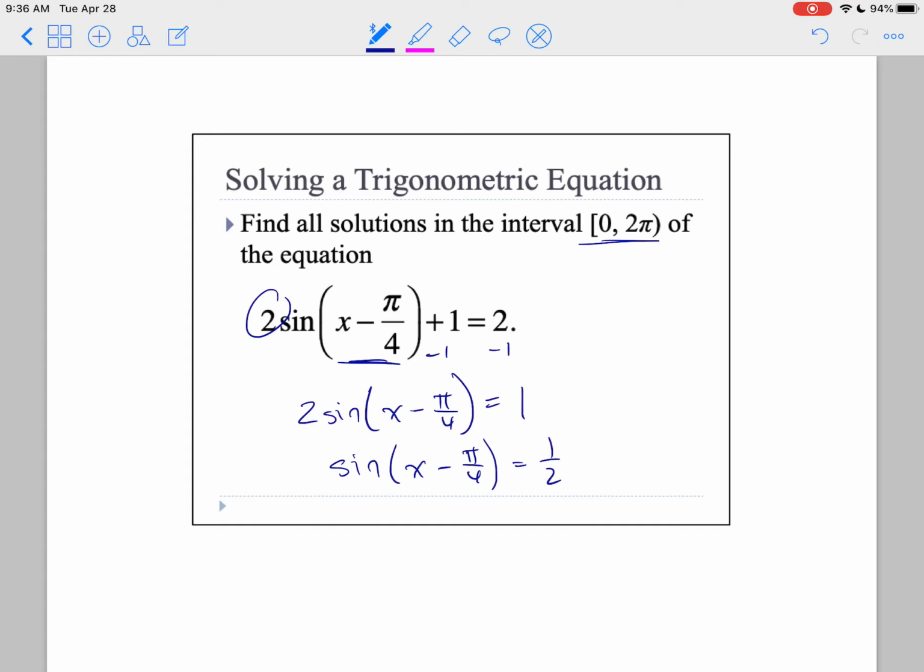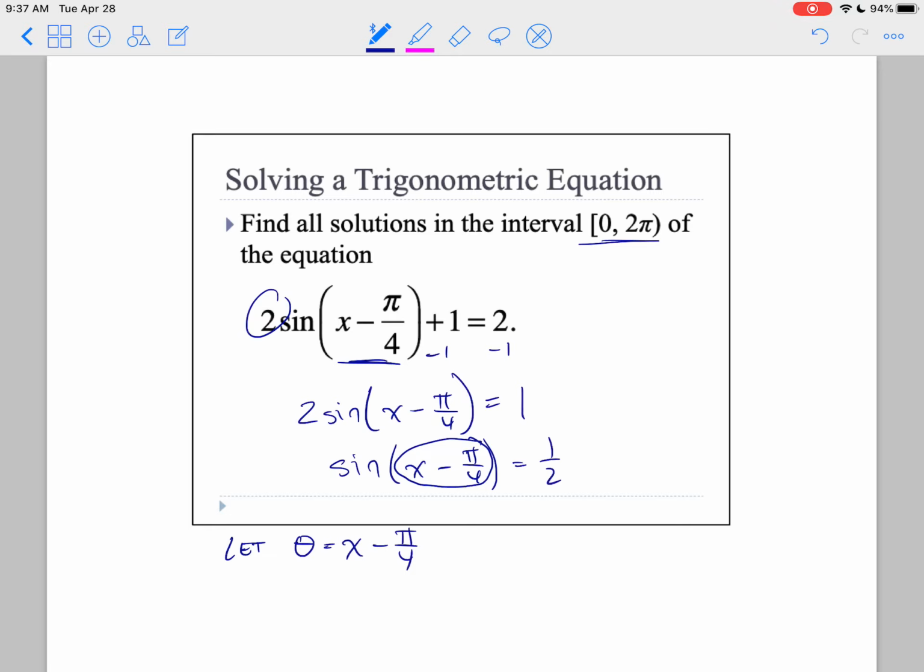So normally, I know that if I plug pi over 6 into sine, I'm going to get 1/2. Also, if I plug in 5 pi over 6, I'm going to get 1/2. And so I want this entire inside to equal pi over 6 or 5 pi over 6. And so what I'm going to do is, just for now, let's replace theta with x minus pi over 4.